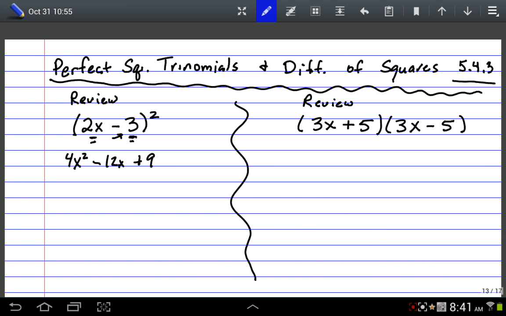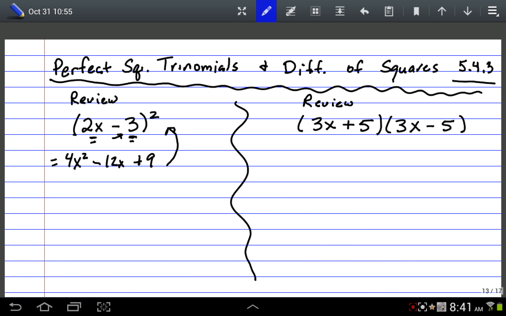This is called a perfect square trinomial. What we're going to do is look at the process of starting with this and going backwards. The most important thing about factoring a perfect square trinomial is not the factoring, it's the identification of the perfect square trinomial.